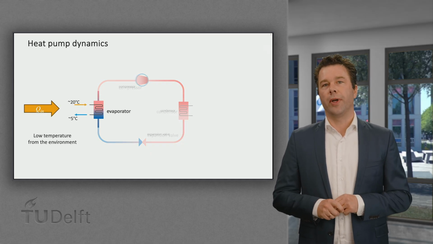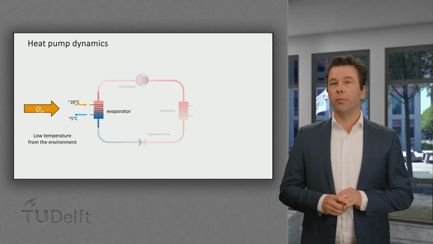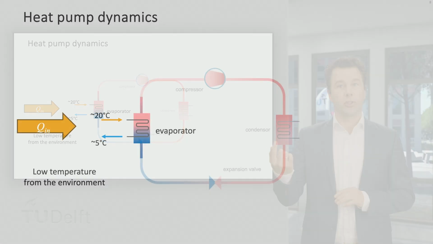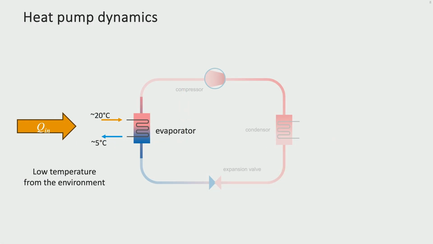Let's start at the evaporator. The cold working medium enters the evaporator from the bottom. The temperature is such that it allows it to absorb the thermal energy from the external source we are using, in this case the environment. At the occurring temperature and pressure, the working medium of the heat pump will evaporate and leave the evaporator as a gas, 10 to 20 degrees warmer than the fluid which entered the evaporator.